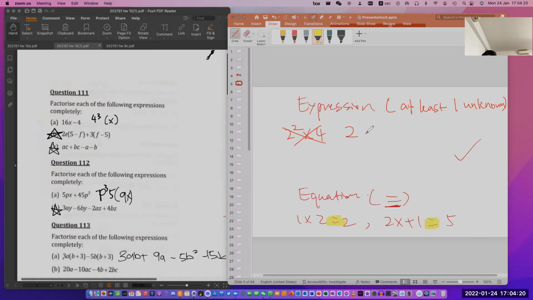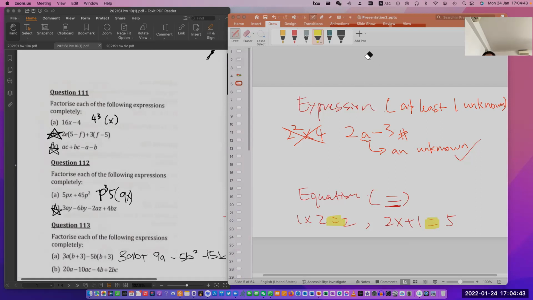You can have like 2a minus 5 or 3. So a is an unknown. Unknown means not known. So over here 2a minus 3, a is an unknown, so you have an expression.